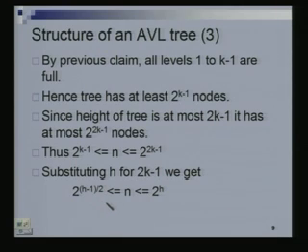Now we are showing 2 to the (h minus 1) by 2, roughly the same thing, about square root 2 to the h nodes. Although if you have proved a sharper bound, I am coming back to the older bound. The point is, it has an exponential number of nodes, some constant c to the h, because that is what gives us the logarithmic height property.